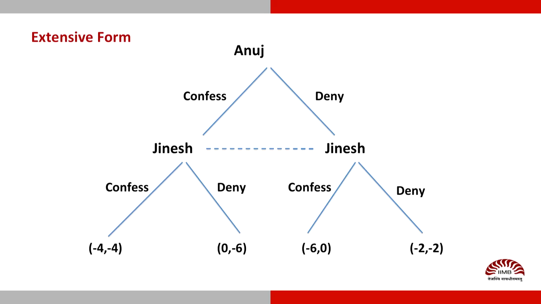Now, we have drawn this dotted line between the two nodes where Jinesh has to take an action. This is to indicate that Jinesh does not know what Anuj has done when he has to take a decision. After that, Jinesh again has the same choices to either confess or to deny, depending upon whatever Anuj has done.